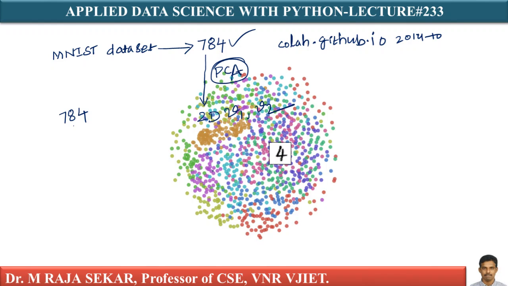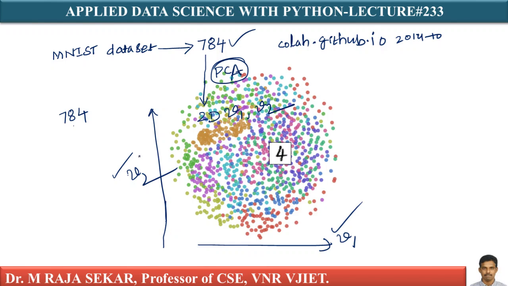This is the direction of my first top eigenvector, V1. The 784 dimensions are projected into 2 dimensions with the help of these top 2 eigenvectors. This is the direction of V2. This is the direction of V1. This is the direction of V2.